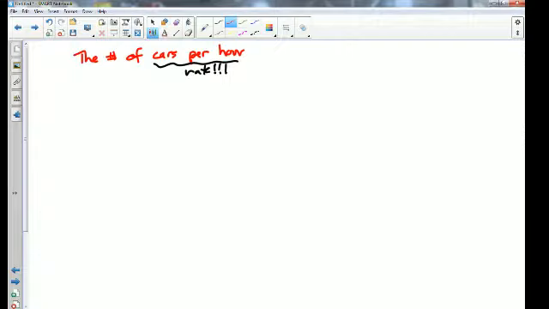Passing an observation point is called, okay, we're getting technical, traffic flow rate.